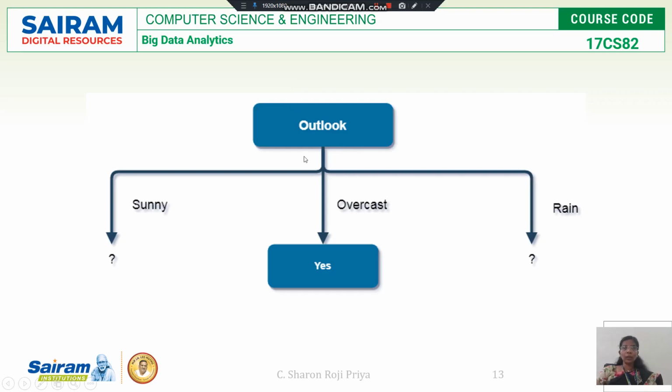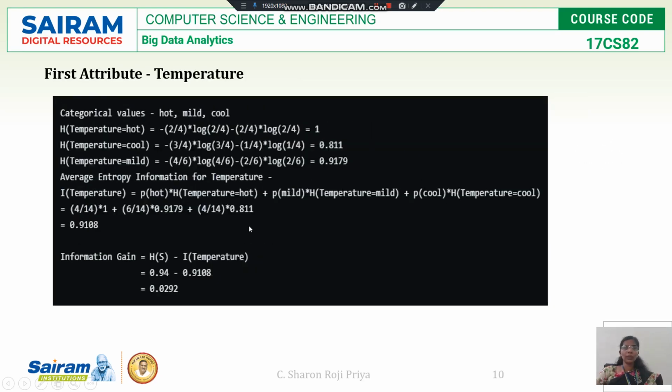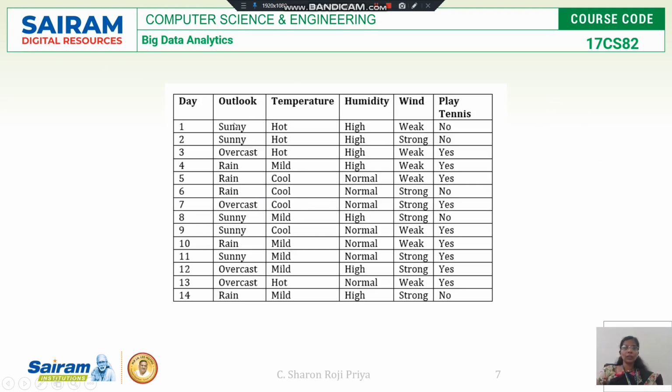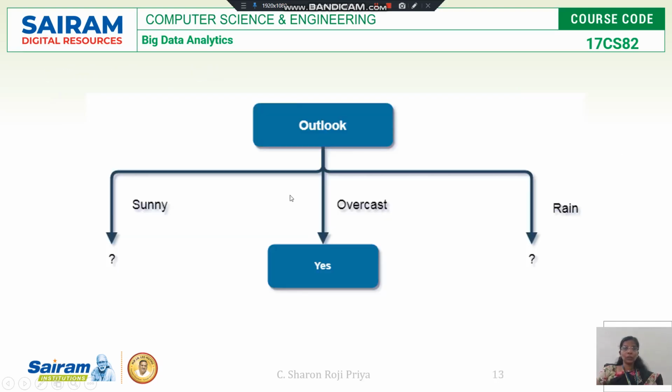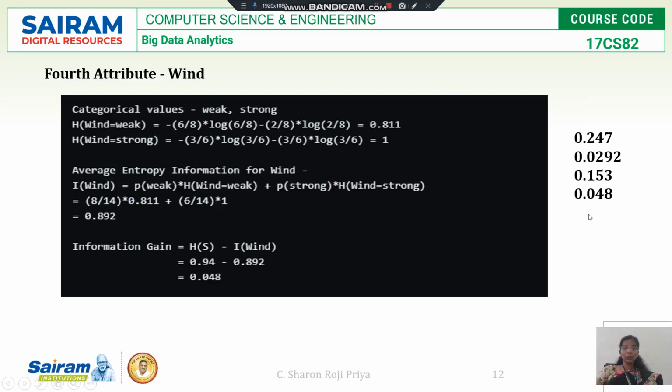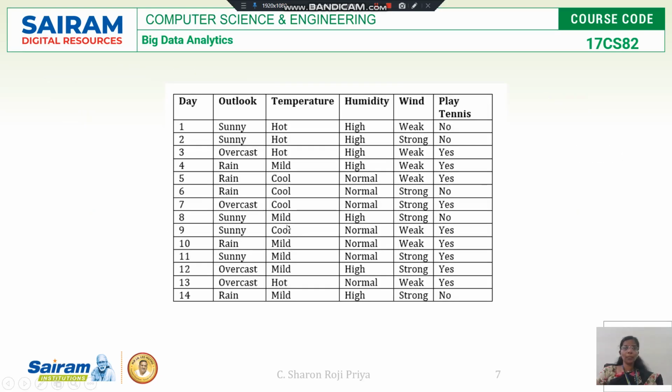Now you know this outlook attribute has how many categorical values? Sunny, overcast and rain are the possible values. Now you check this. Check sunny. First sample is negative sample.